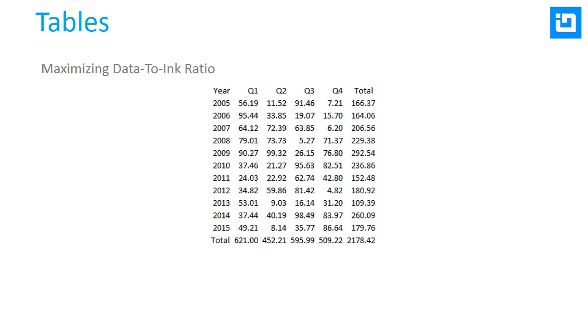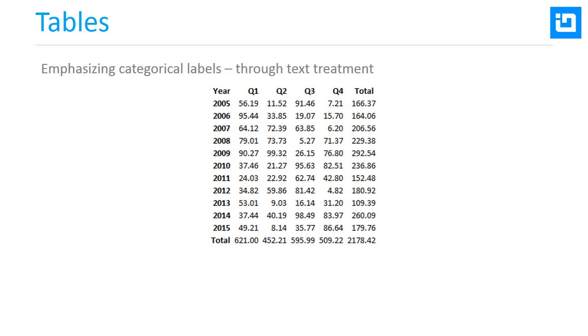So what can we do then to go a little bit back on that? Here, for example, I spent a little bit more pixels to bold the text for the categorical labels, the years and the quarters, and on the right side, the title for the last column.